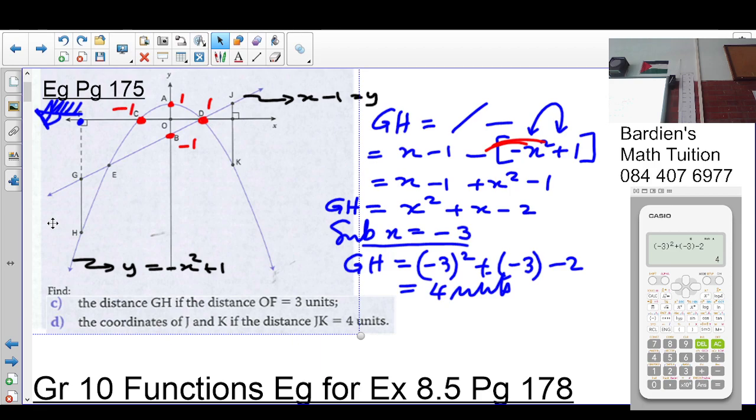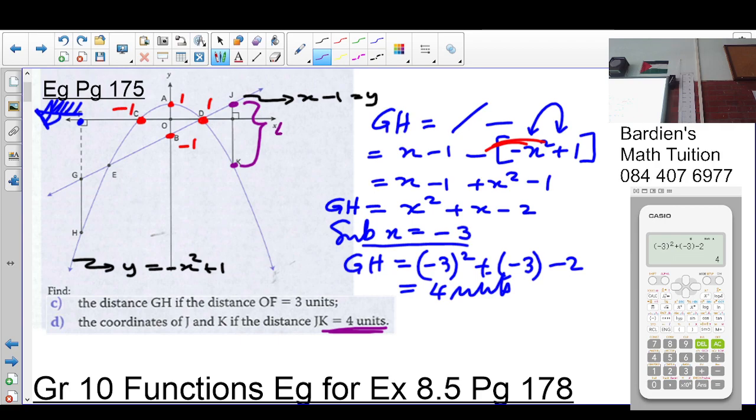However, when it comes to this question now, calculate the coordinates of J and K. Now they want you to calculate the coordinates of J and K, if the distance between J and K is 4 units. Remember this was also 4. Can you see?